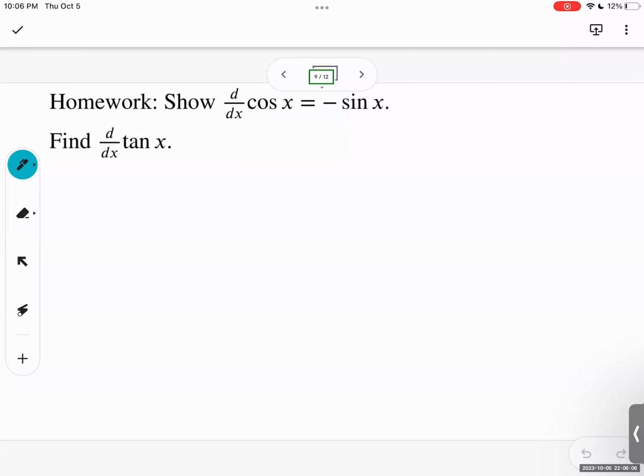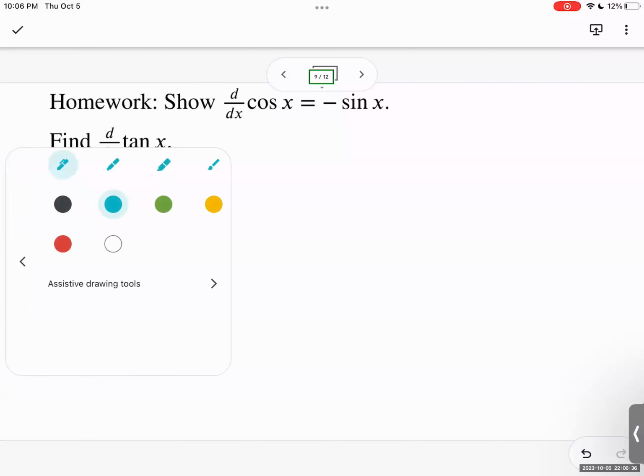So we will find the derivative of tangent of x by using the definition of tangent. So we're going to find the derivative of sine x over cosine x. We need to use the quotient rule.